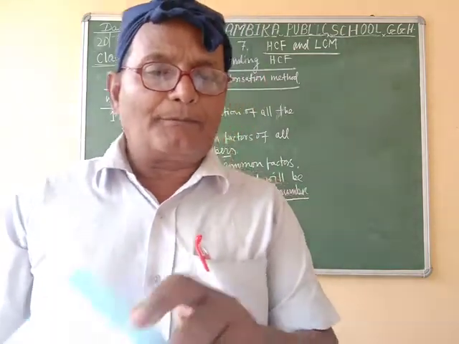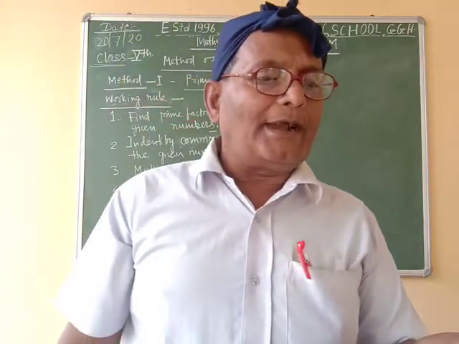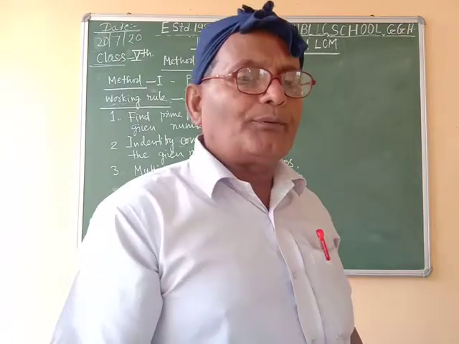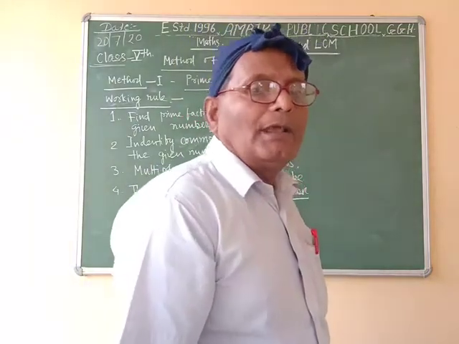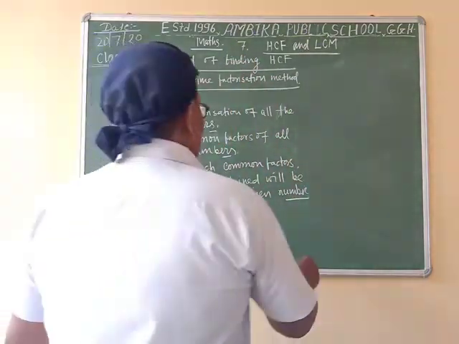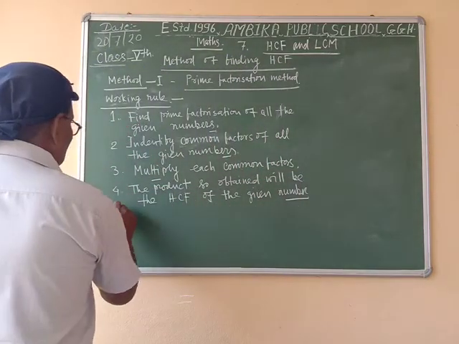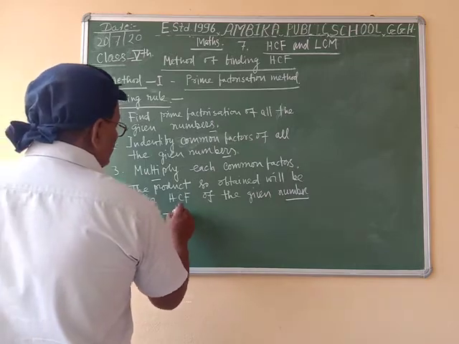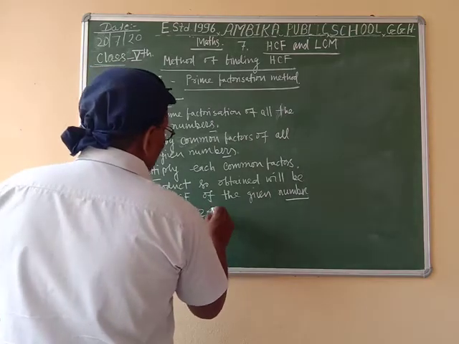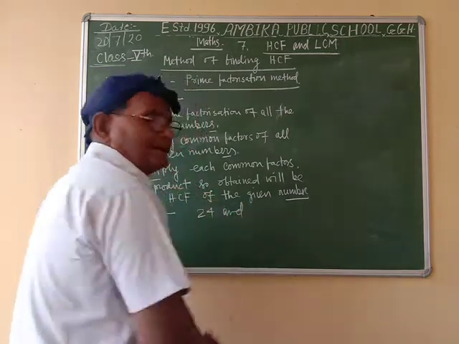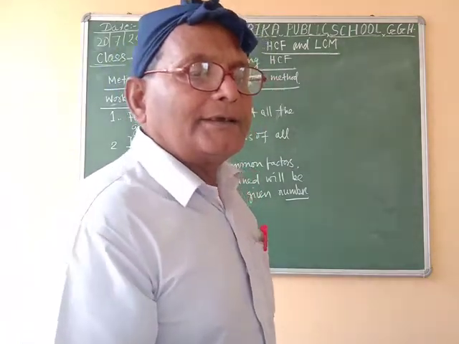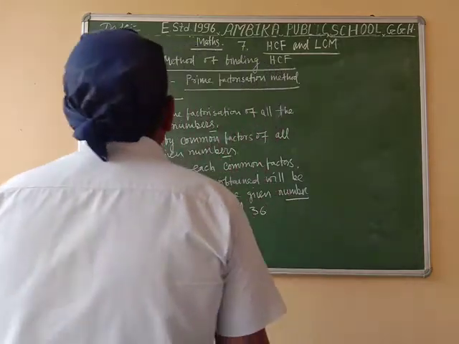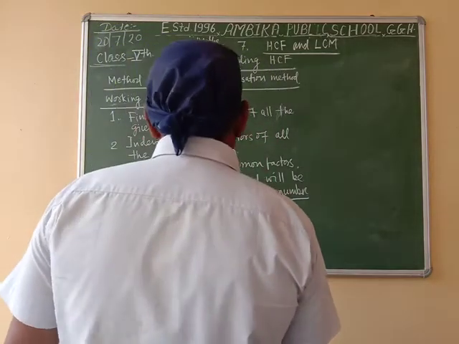So by the factorization method we can find the HCF. As an example, if you are given two numbers, 24 and 36, and you have to find the HCF by the prime factorization method.